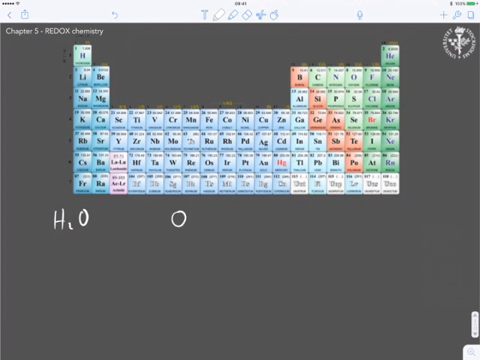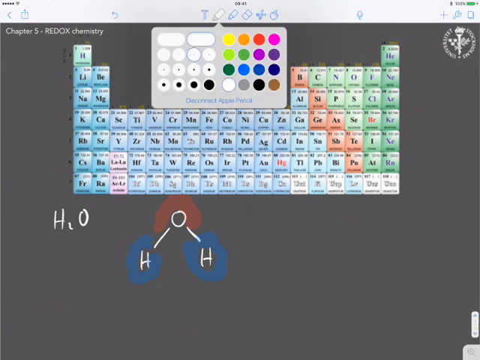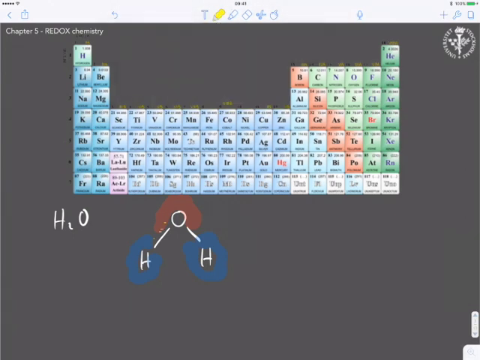If you remember, you have this Lewis structure here, and as you know, we have the negatively charged zone here and the positively charged zone here, because the electron that is shared between hydrogen and oxygen will spend more time around the oxygen than the hydrogen, because the oxygen is way more electronegative than the hydrogen.